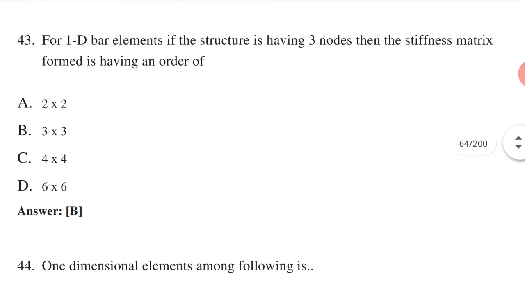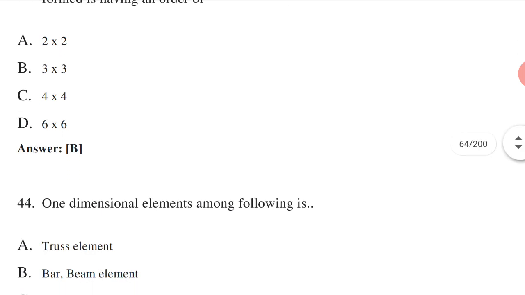Okay. If it is 2 dimensional analysis, then it will be multiplied by 2. So, for a 2 dimensional element it would be 3 nodes into 2, that is equal to 6 by 6, but here it is one dimensional. So, the answer is B, equal to 3 by 3.